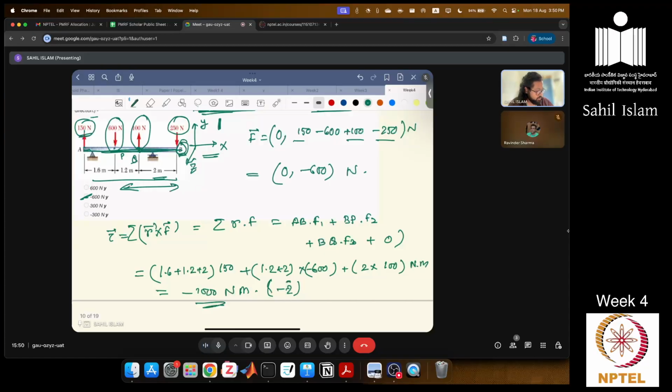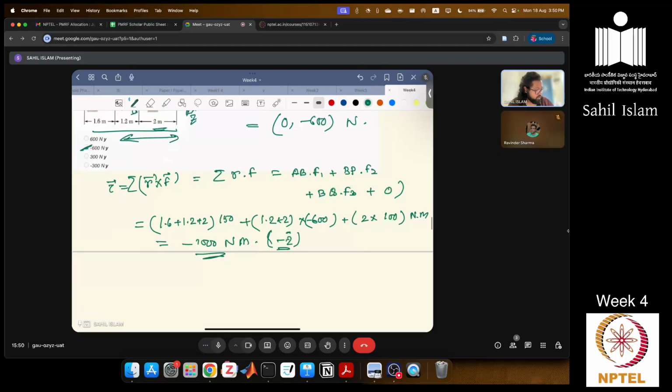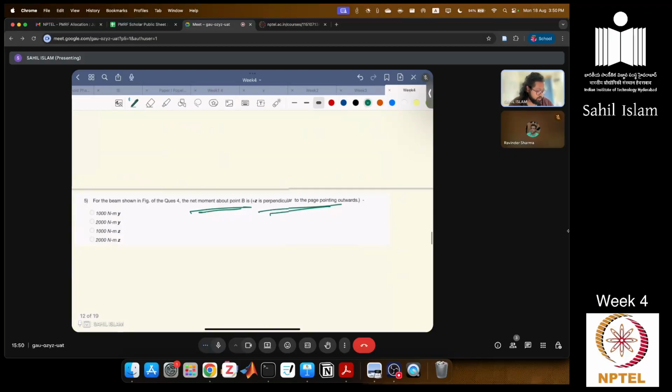So the direction will be inside the paper. So you can absorb this minus sign in Newton meter. This is the answer. Oh sorry, no, this is in y cap direction. This would not be the answer. This is the answer. Fine.